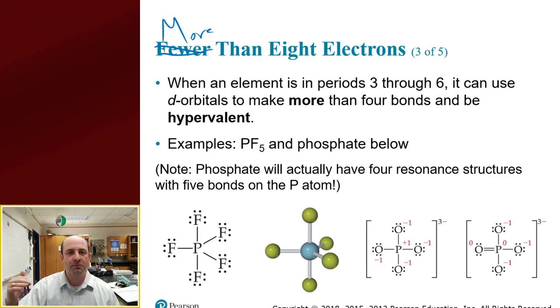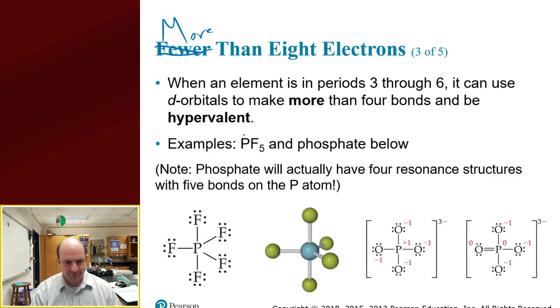But if we're in the 3rd row or below, silicon, sulfur, phosphorus, chlorine, bromine, arsenic, all those other ones, then they can make 4 bonds, or more than 4 bonds, because we say, hey, that 3D orbital, which is empty, it's not too much higher than the 3p orbital at this time. Maybe some of the electrons can go into the 3D.